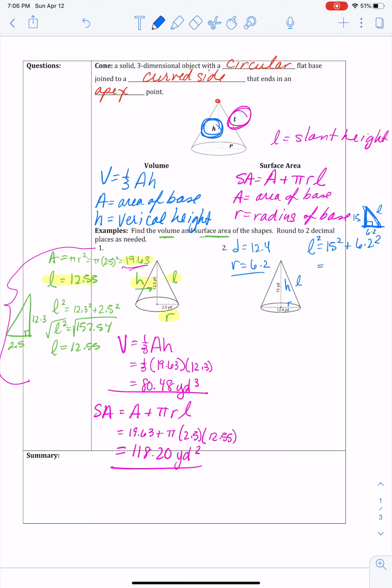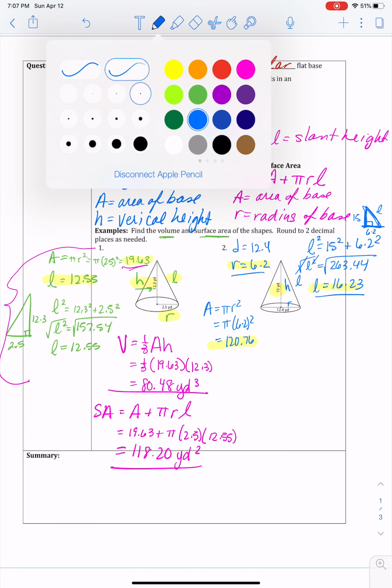So that L squared equals 263.44. Take the square root of both sides, and we get that L is 16.23. The area of the base, pi r squared, pi 6.2 squared, is 120.76. So now I have R, L, A, and there's my H.